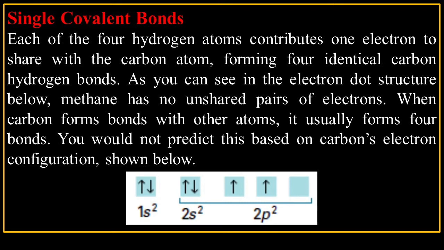You would not predict this based on carbon's electron configuration shown below. So you're going to have what we're going to call a hybrid molecule, where you have that 2s2 electron, the one that's in the down position on the right of the first orbital of that s orbital, is going to go into the third orbital for the 2p.